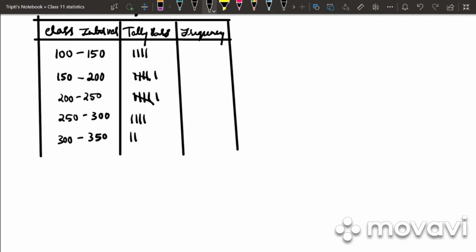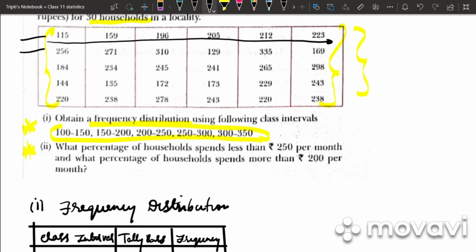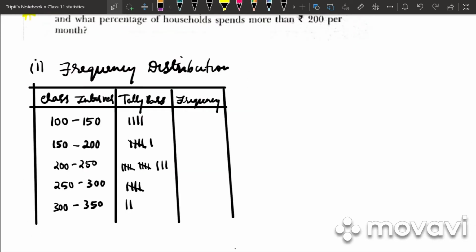173, 229, 243, 220, 238, 278, 243, 220 and 238. So these are very simple kind of problems. All you need to do is just see the questions, and wherever the number lies, you need to put a tally bar.